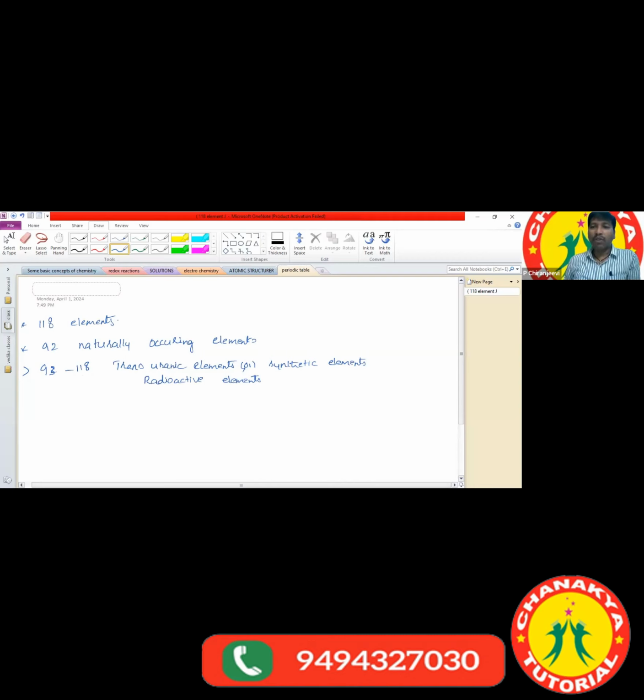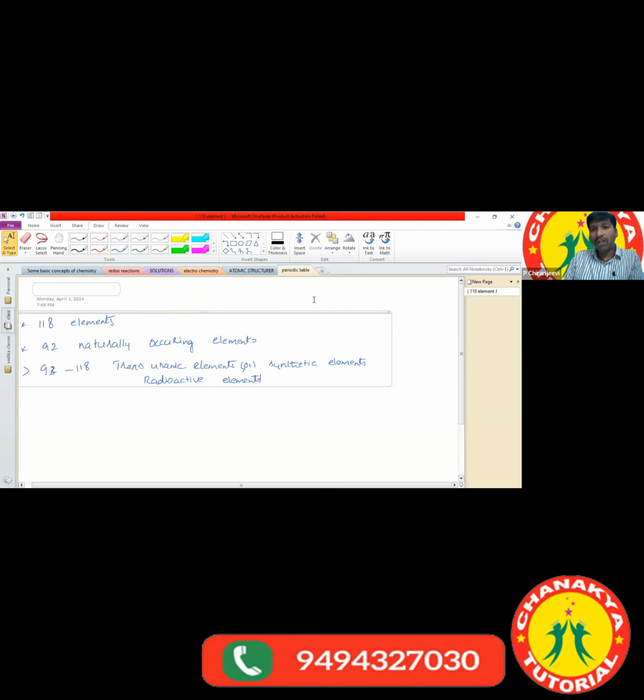In a compound, the properties are completely different from those of the elements present in it. That's why different scientists gave different classifications.